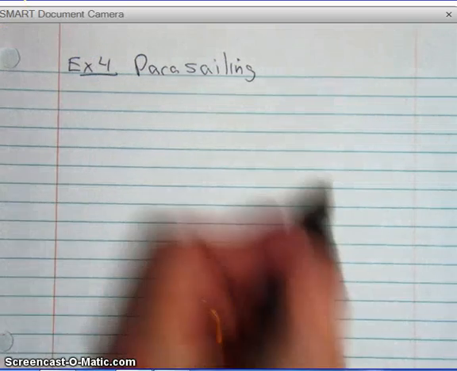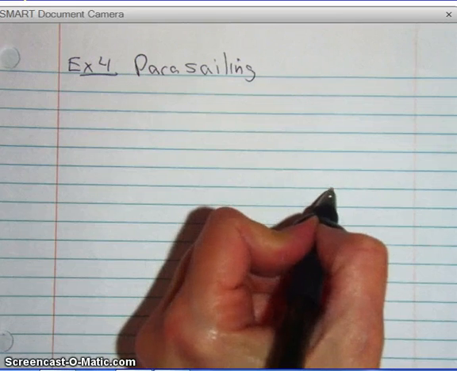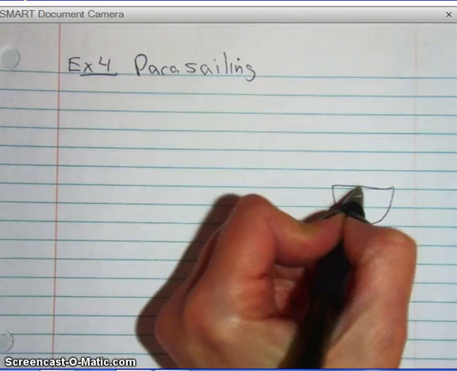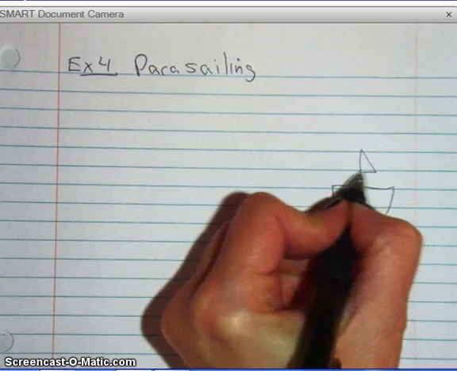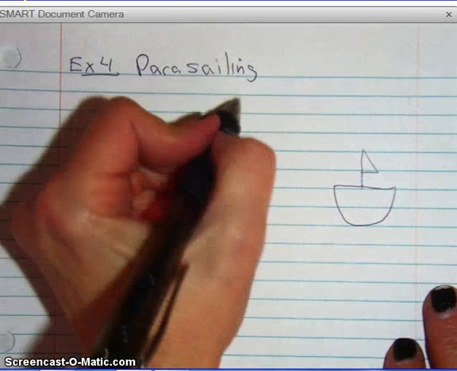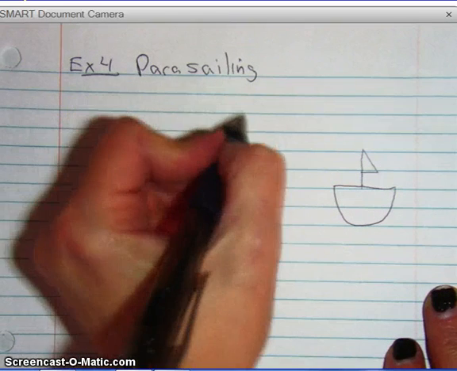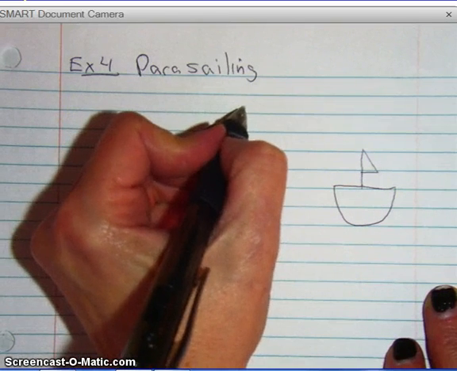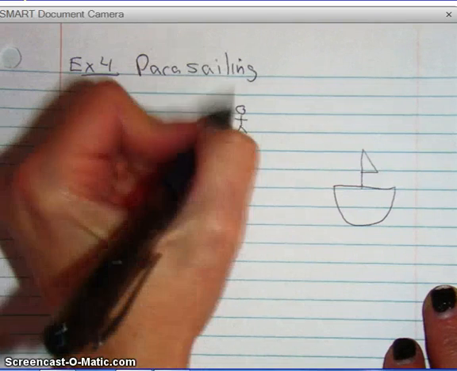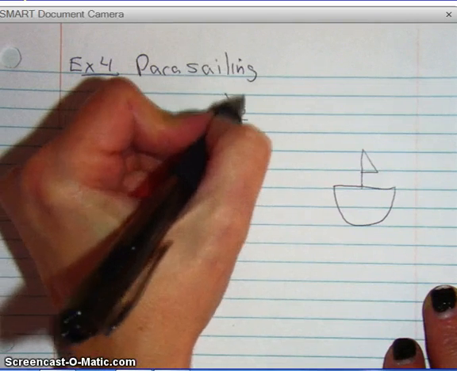Okay. So we need our boat. Is that not an awesome boat? Okay, I'm good at drawing boats. All right. Our parasailer is not directly above the boat. Watch this. I'm so good at drawing this.